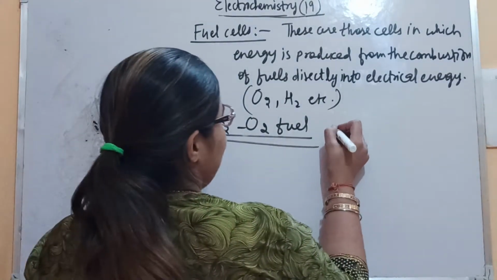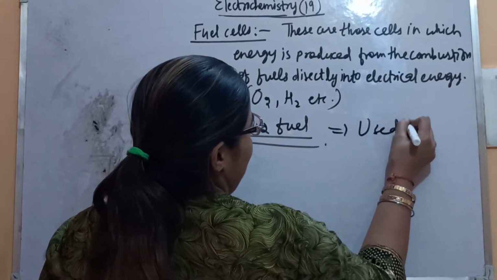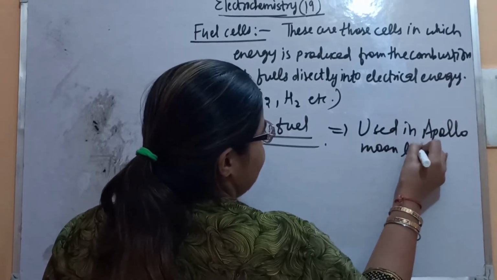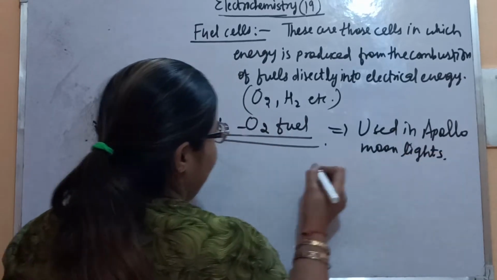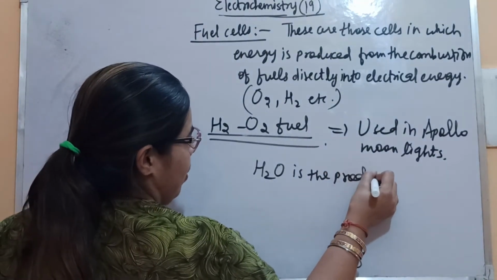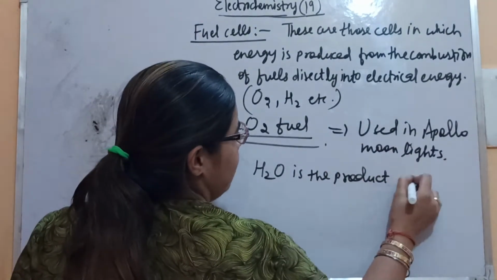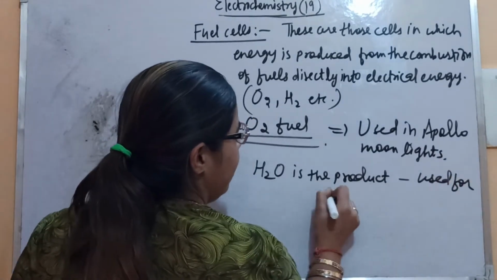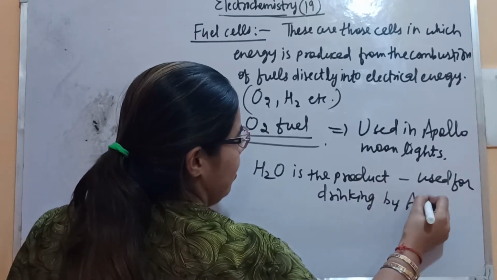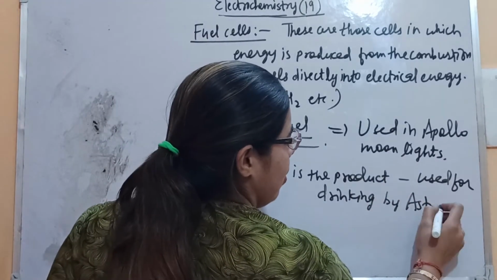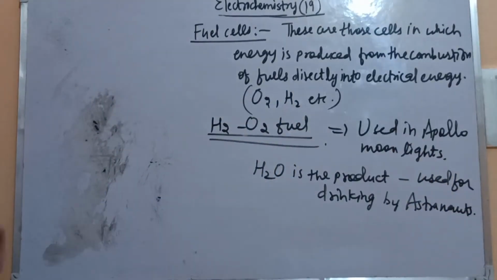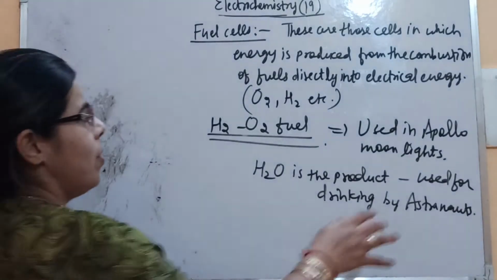This hydrogen oxygen fuel cell was used in Apollo moon flights, and water is the product, which is used for drinking by astronauts in space.